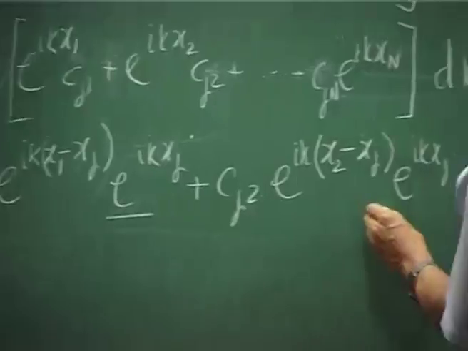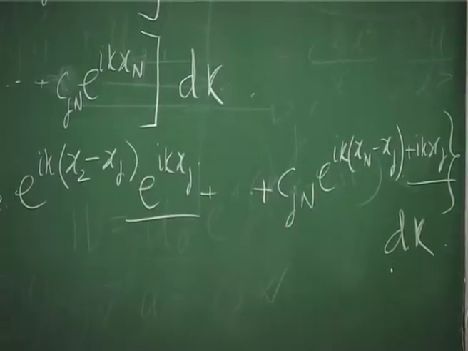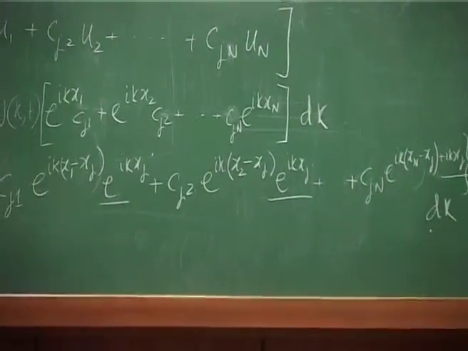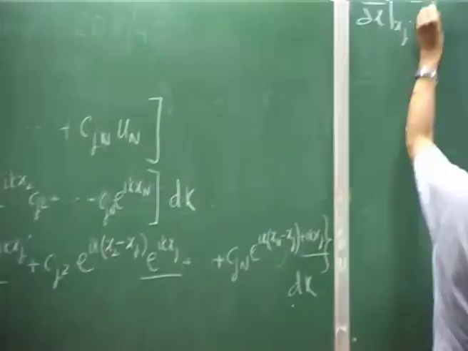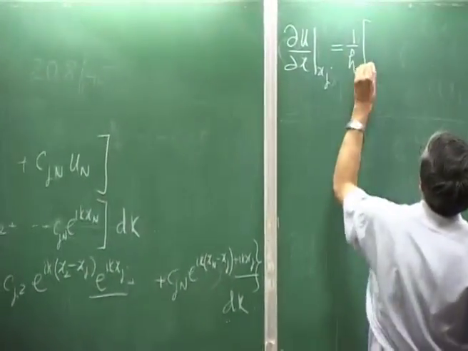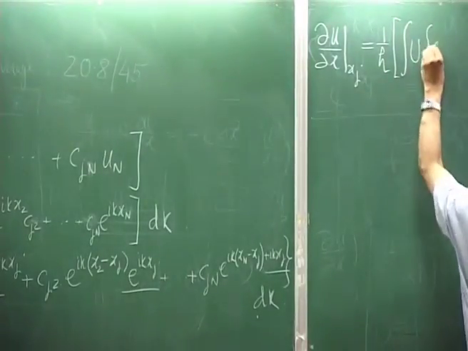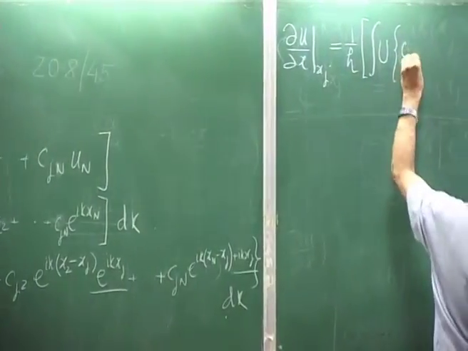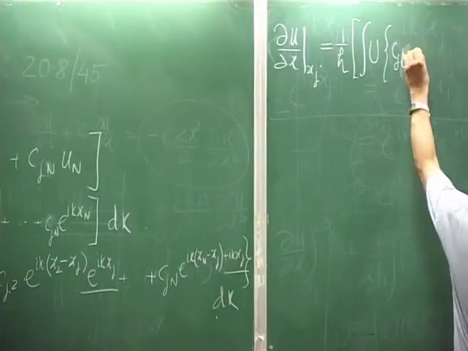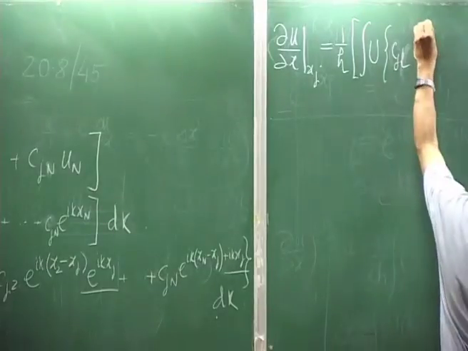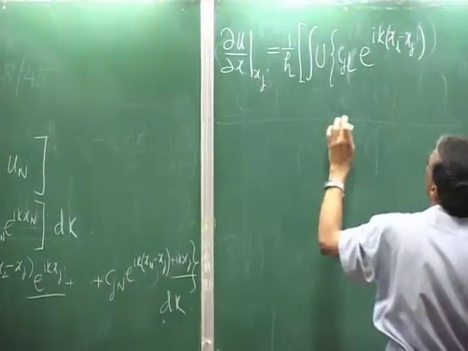Everywhere I have managed to bring in e to the power i k x_j. So, I will write del u del x at the jth node as 1 over h, then u, and C_jl into e to the power i k (x_l minus x_j).